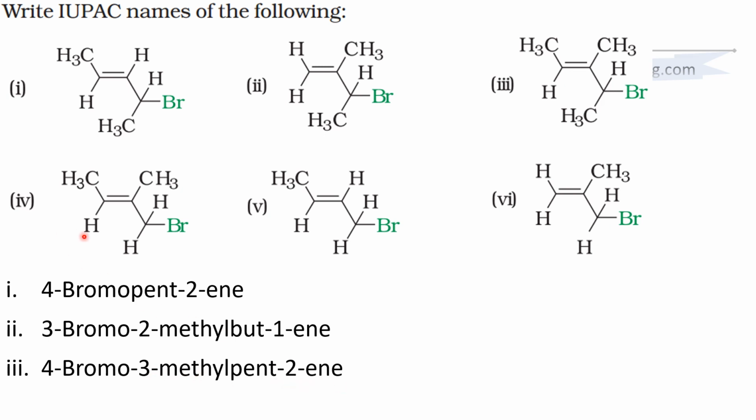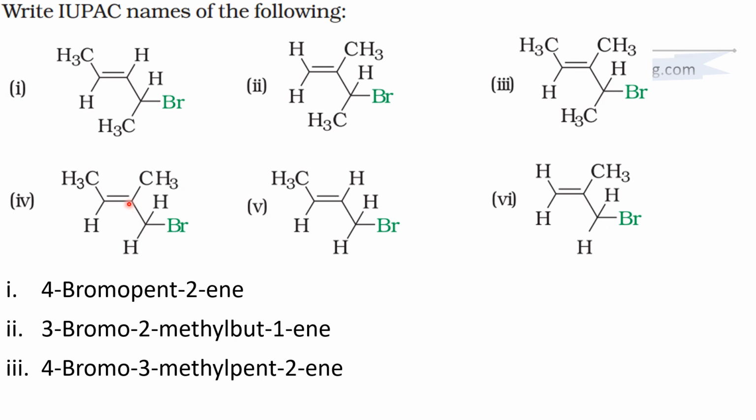Now coming to the fourth one. Now in the fourth one, if I am starting from here, I have 4 carbon atoms. That is the longest carbon chain, 1, 2, 3, 4. Whereas if I am starting from here, again I will have the double bond on the second carbon atom. If I am starting from here, it is the second carbon atom. If I am starting from here also, it is the second carbon atom.